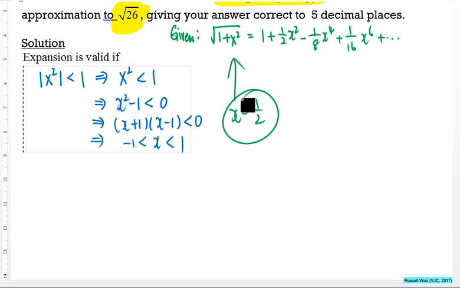On my left hand side, I will get 1 plus 1/4, which is 5 over 4. Then no way am I getting close to square root 26 on the left hand side. I can substitute half here, expand, use calculator, whatever. Can. But no way am I getting close to square root 26. I must get square root 26 now.